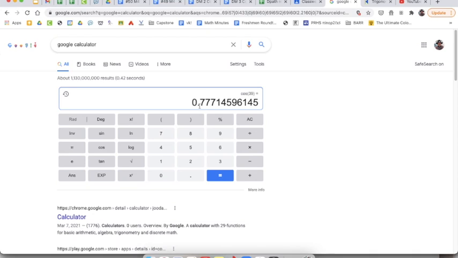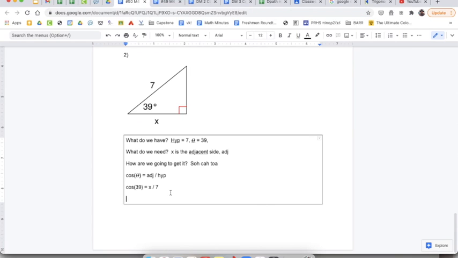So we're going to use 4 decimal places, and our answer is 0.7771. So 0.7771 equals x over 7.